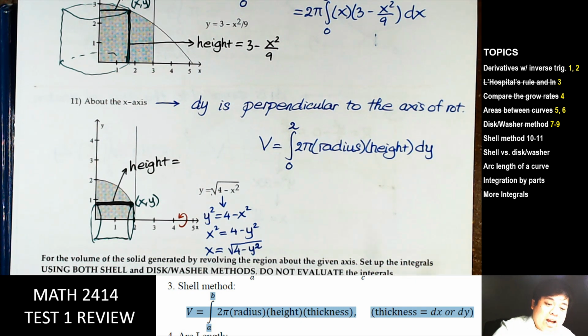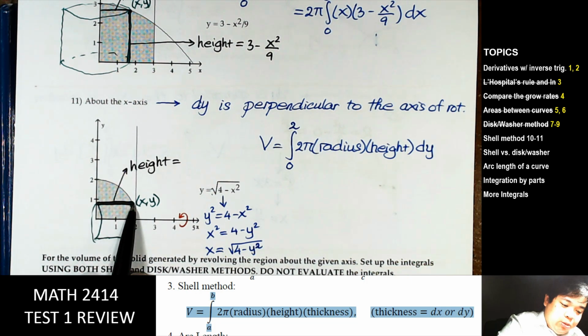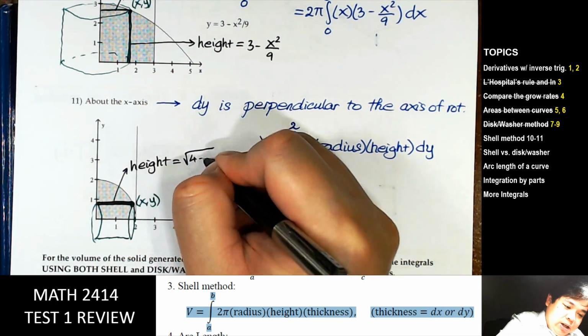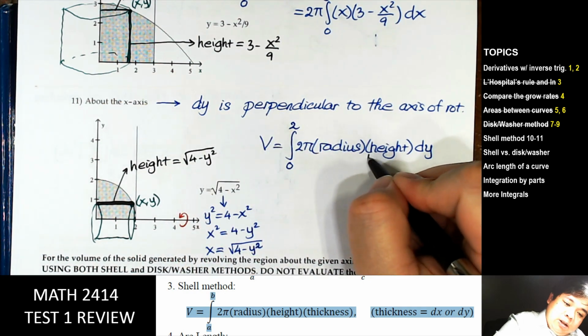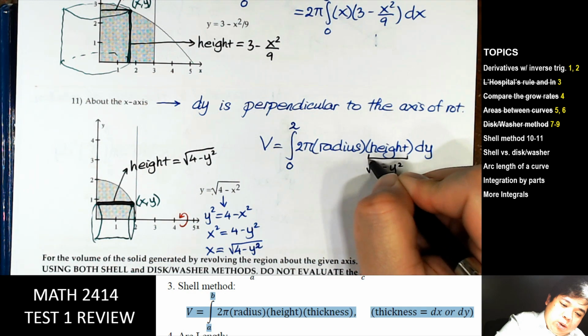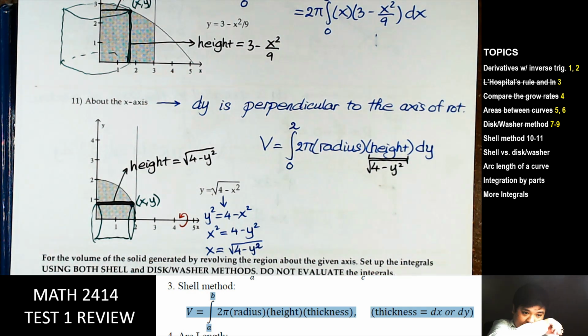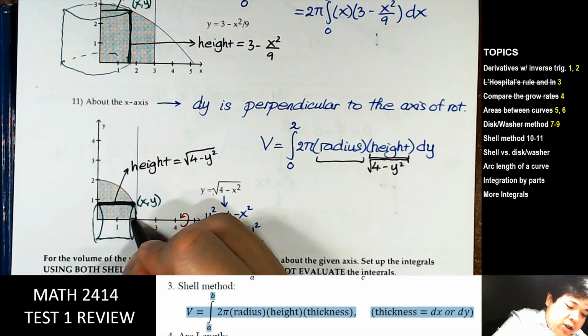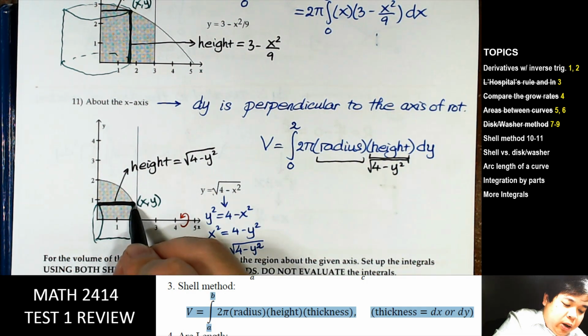Right, so that is the x. And we see the height is from 0 to that x value. So the height will be just the square root of 4 minus y squared. So that is the height. Now the radius. The radius from the axis of rotation to that point is the y value.